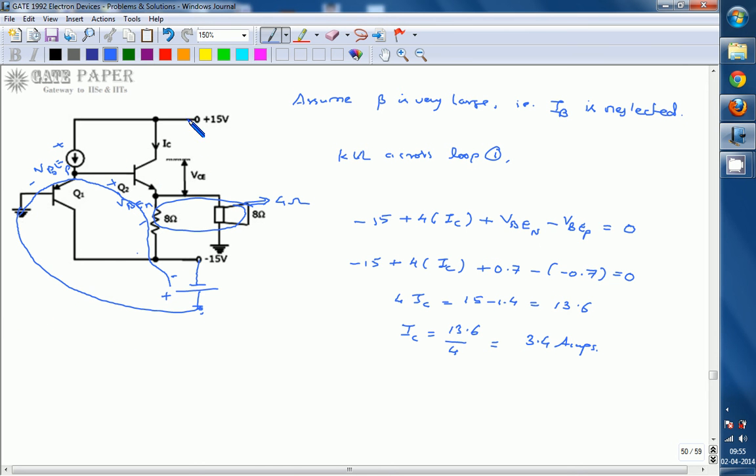That loop goes from plus 15 volts through this VCE, through the 4 ohms, and next to minus 15. So we can write: plus 15 minus VCE. VCE means this side is plus and this side is minus.